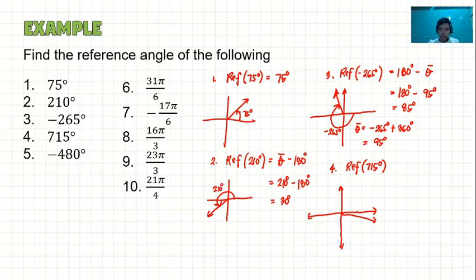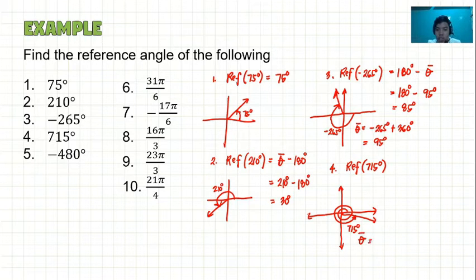So this is our angle 715 degrees. So that is one revolution plus this one. So this is 715 degrees. Okay, so we need to know the coterminal angle between 0 to 360 degrees of this angle 715 degrees. So that is your theta bar.